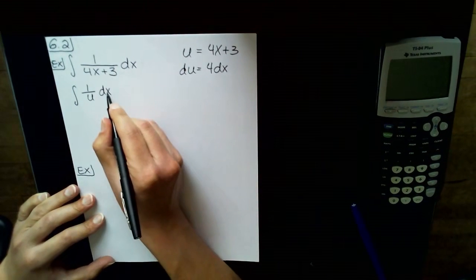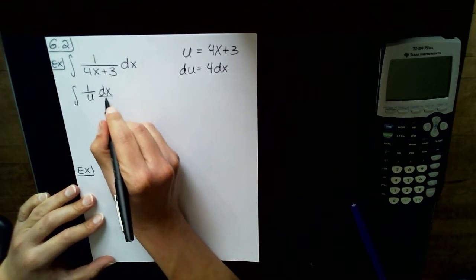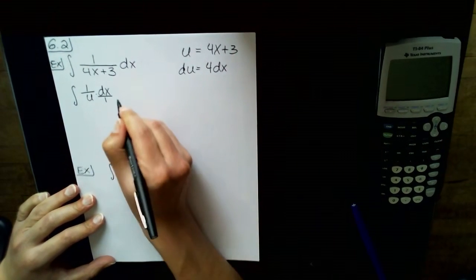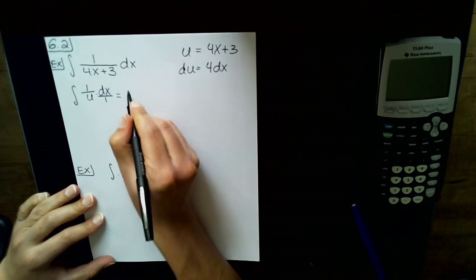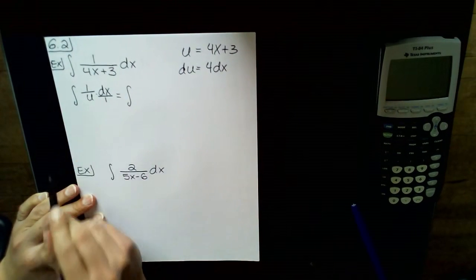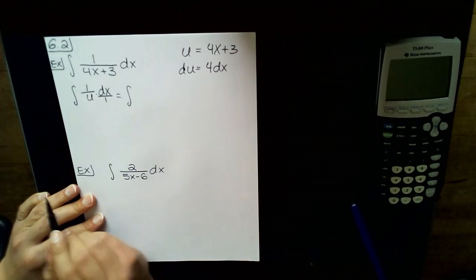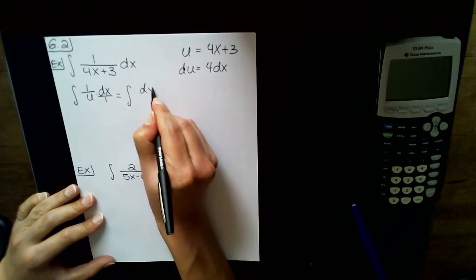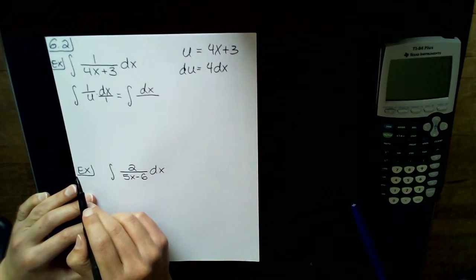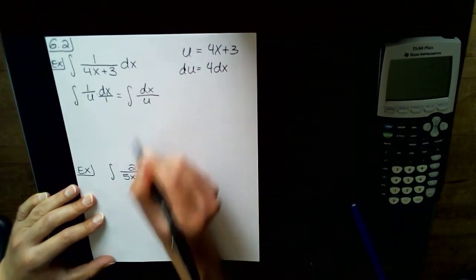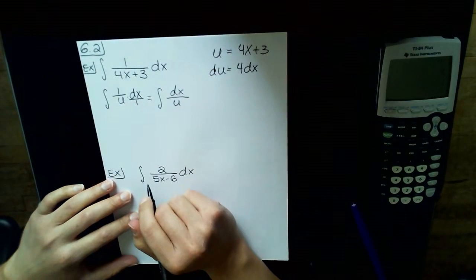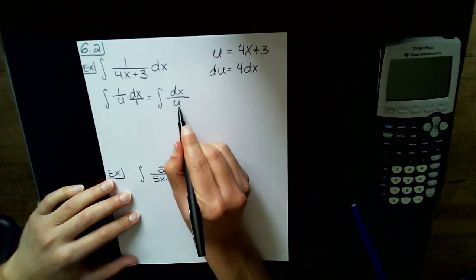And from here, if we were to put this dx over 1 and multiply these two fractions together, we would get the integral of 1 times dx is dx over 1 times u is u, which leaves us with the integral of dx over u.